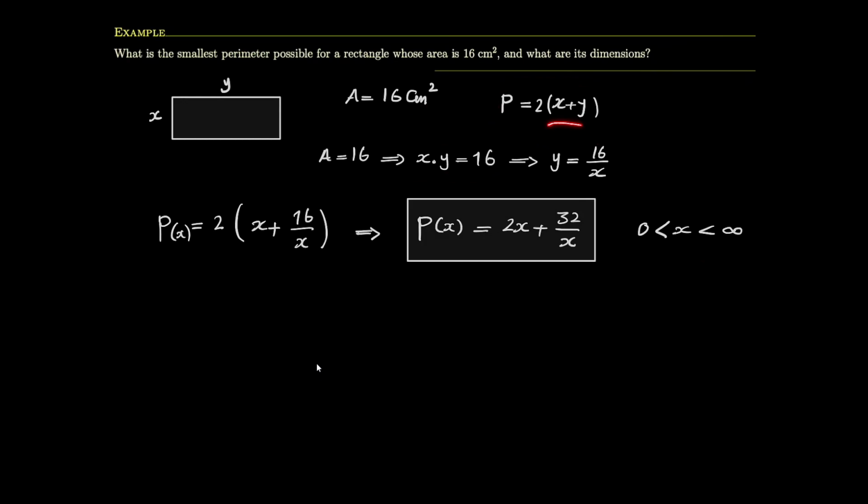Usually it contains more than one variable, so you look for some extra piece of information in the problem, use it in a wise way so that you can turn your function into a function of a single variable, and then you also need to have an interval. Whenever you have them, you need to follow the recipe. So what the recipe was, do you remember? What is the first step I have to do?